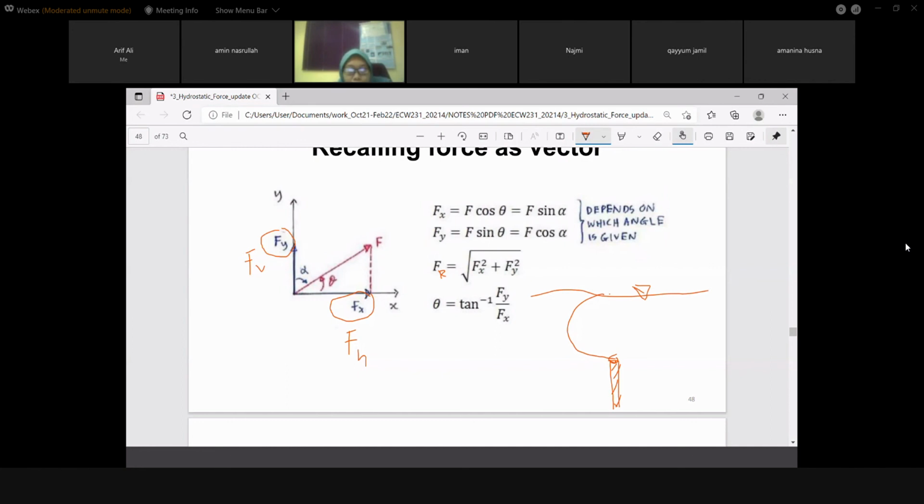So we have the horizontal and also the vertical force. So the horizontal force is perpendicular to the structure. So this is the Fh and this is the vertical force, Fv.